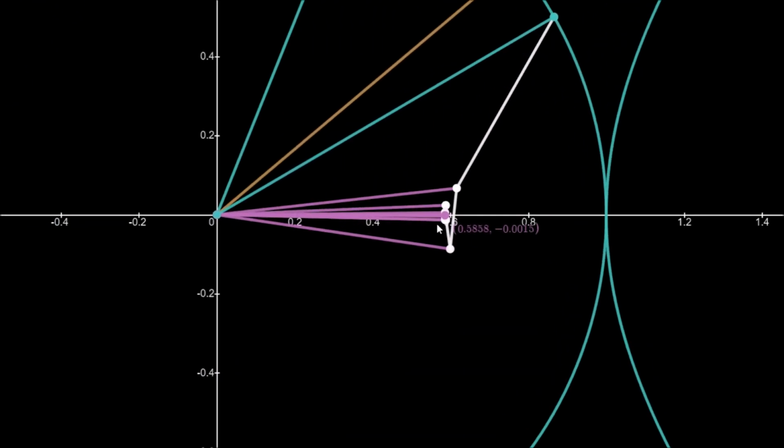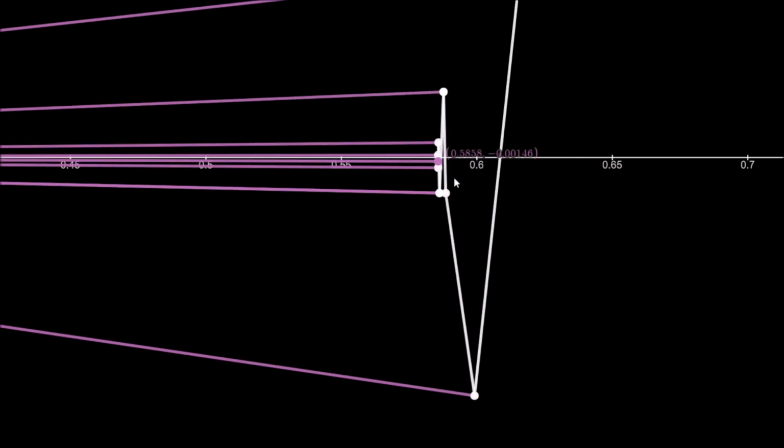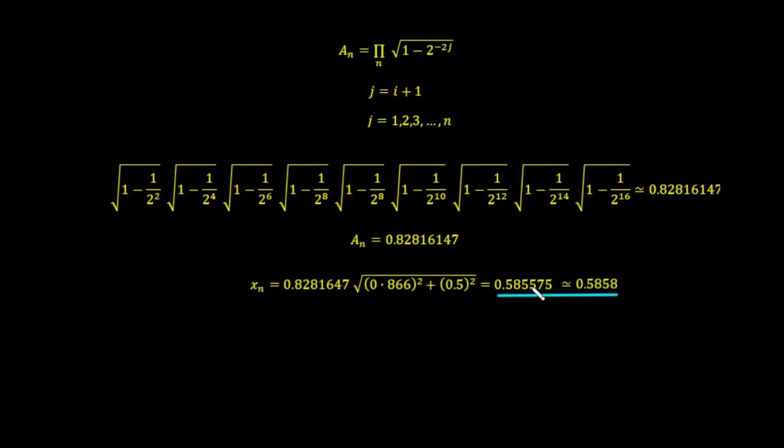You can see from the graphical calculator the final value that we got is 0.5858 for our x value. So if we round this, you can see that we get the exact value that we generated in the graphical calculator to 4 decimal places.